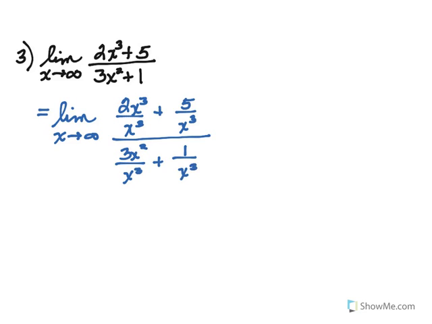So we start simplifying. So these cancel out. Don't forget you're left with 2. Can't do much to 5 over x cubed. Now you can start combining steps if you'd like, because we know 5 over x cubed, remember, as x gets bigger and bigger, that's just going to approach 0. Same thing's going to happen here.